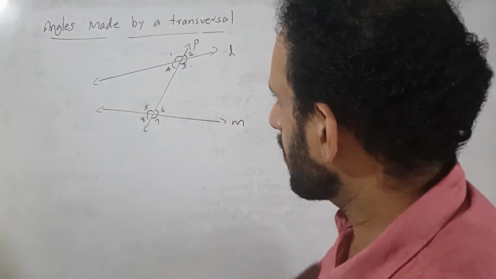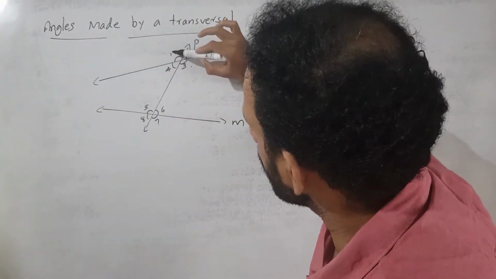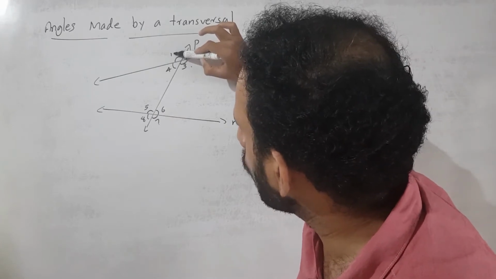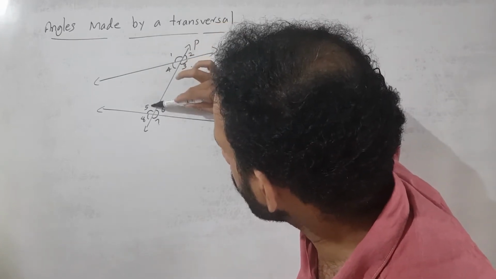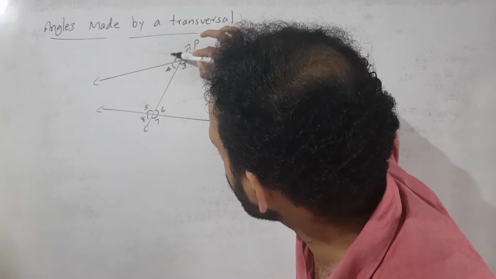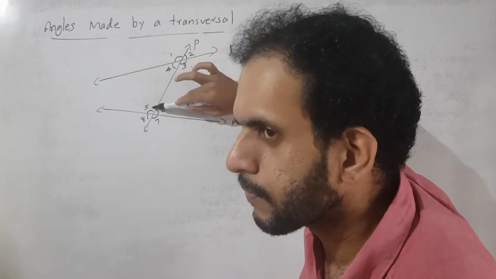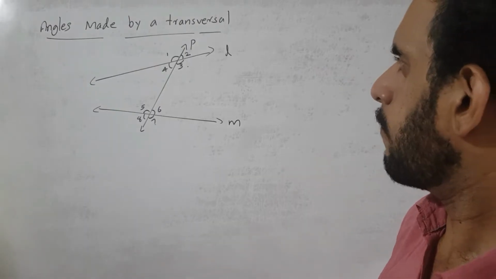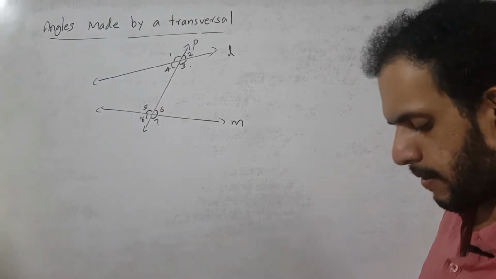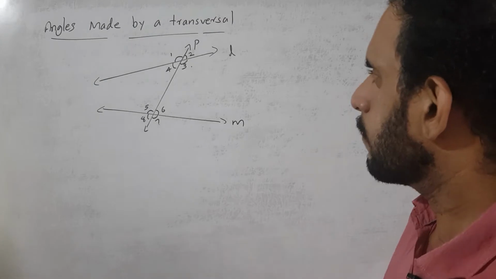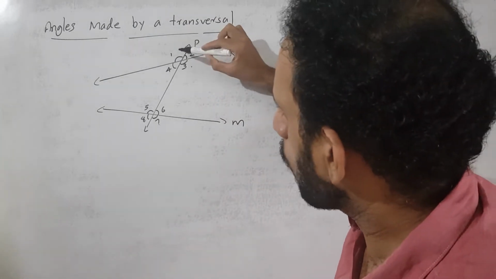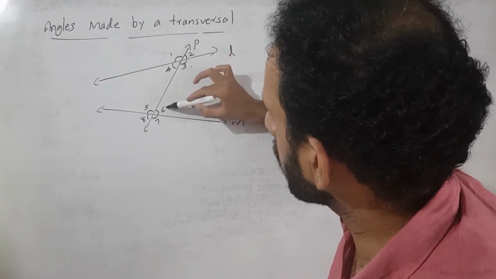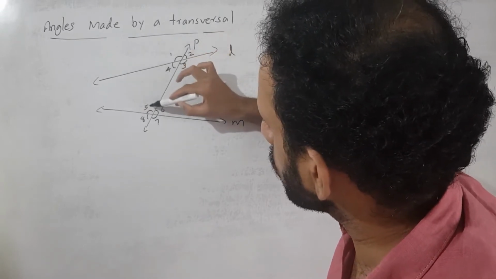Here just listen to the position. If the angles' positions come like this, angle 1 and angle 5, one is exterior, one is interior, on the same side of the transversal. Angle 1 and angle 5, angle 2 and angle 6, one is exterior, one is interior.